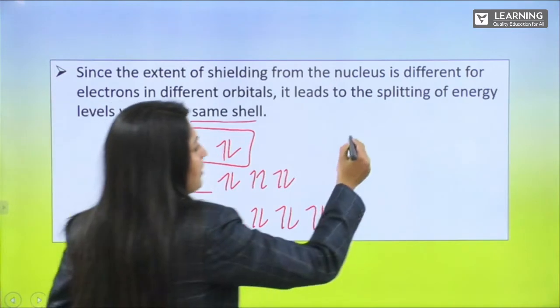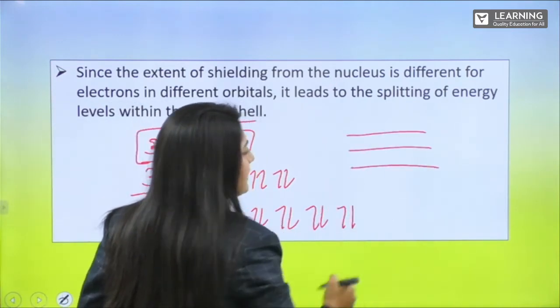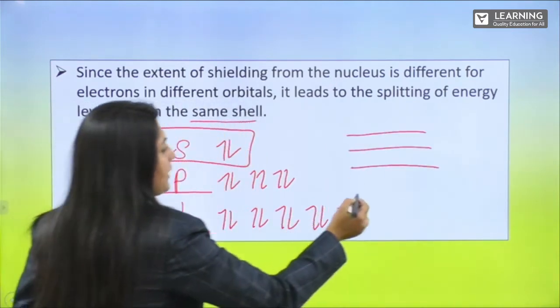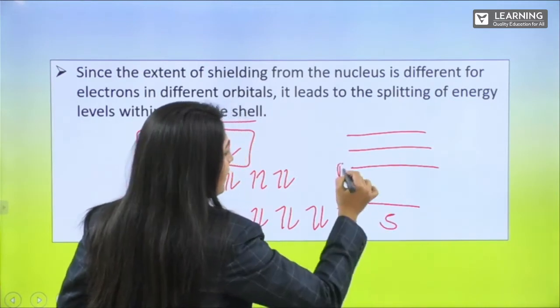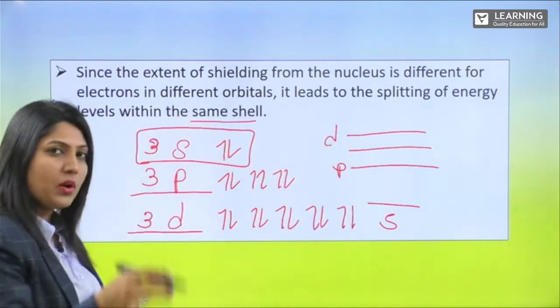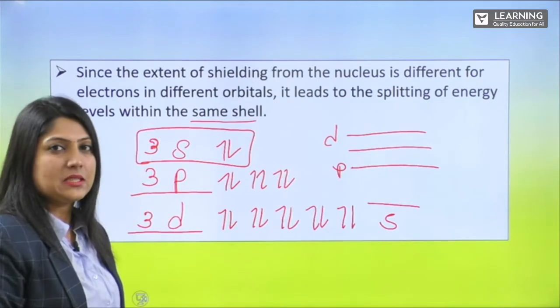So the energy levels will get split. s will be here somewhere, then p and d. So in the same shell, the splitting will take place.